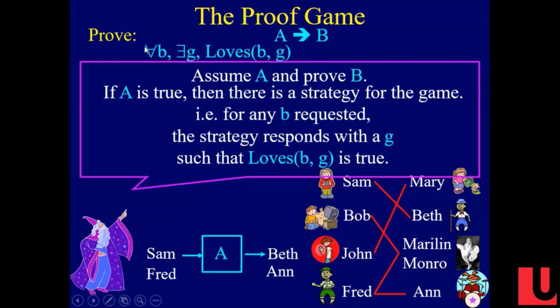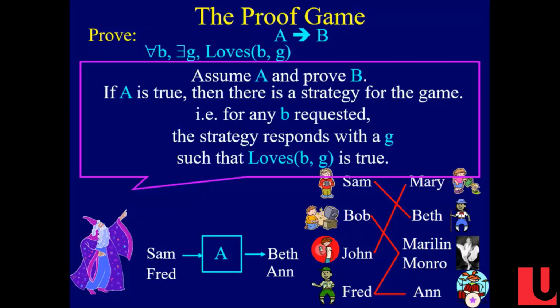I'm assuming that for any boy you give me, I can find a girl for which the boy loves the girl. What is your A? A is this, and B I haven't specified. So we're not talking about B here at all. We're talking about A. We're assuming A, and then we're proving B. I haven't told you what B is, but I'm telling you how to use A.